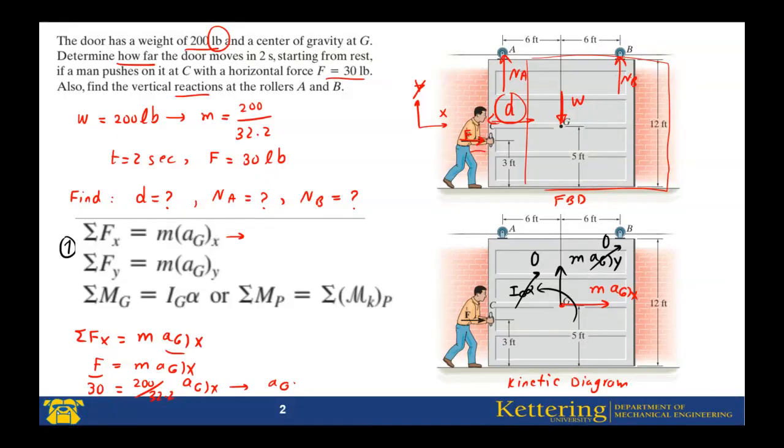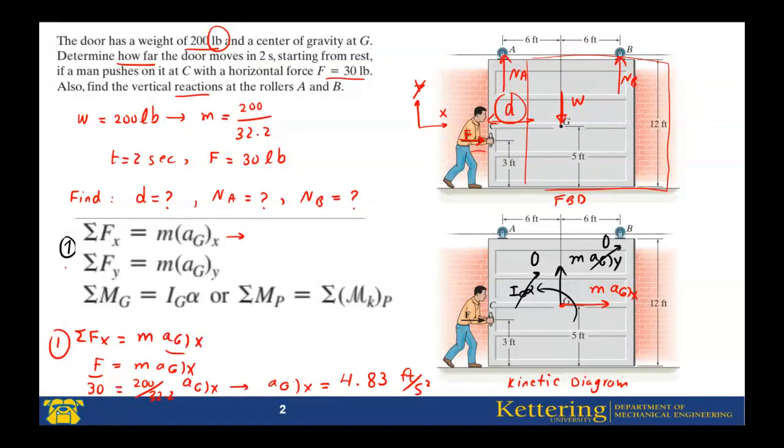From this, you can find the acceleration of the door. If you calculate this, it will be equal to 4.83 feet per second squared. This is the first equation.